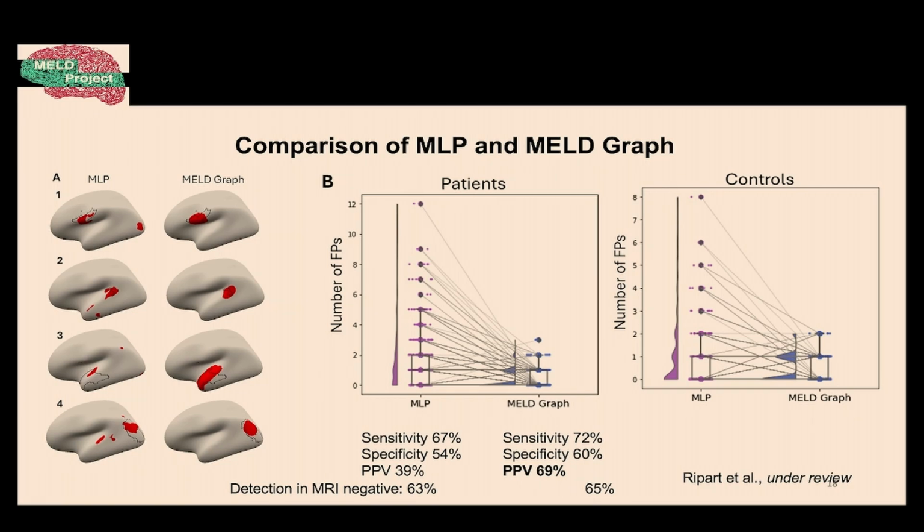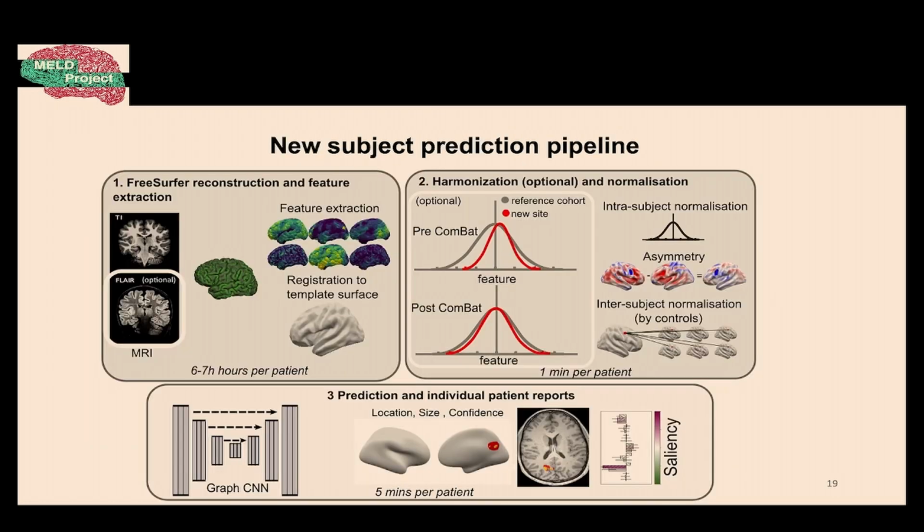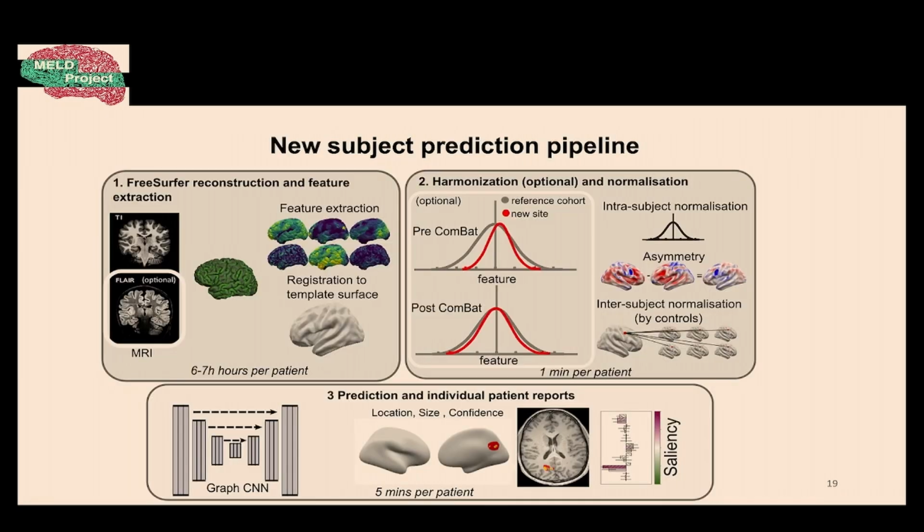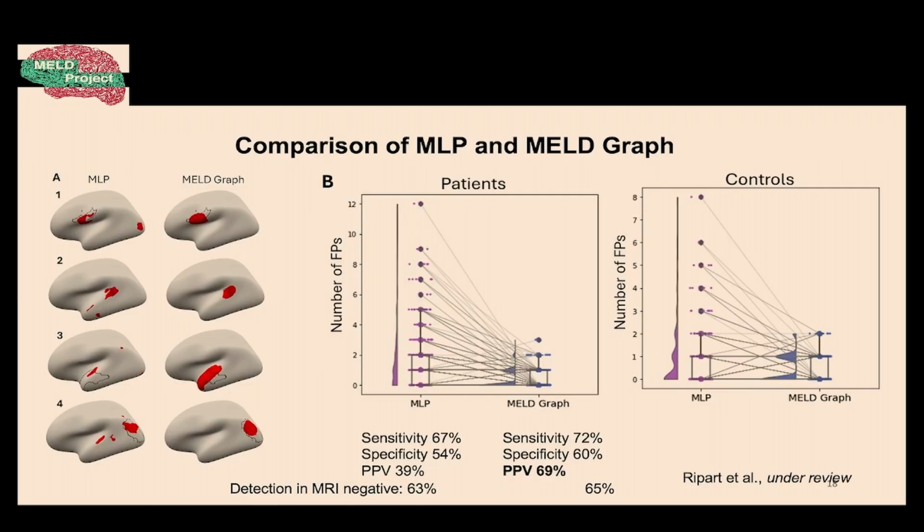Having a comparison of those two methods, the pervertex, which is the multi-layer perceptron, and the graph convolutional approach, you can see that the perceptron is picking up the lesions. The red predictions are within this black line, but in each case there's a false positive here, and some false positive clusters here, and here, and here, whereas the graph convolutional network is consistently picking up the lesion with a much nicer prediction.